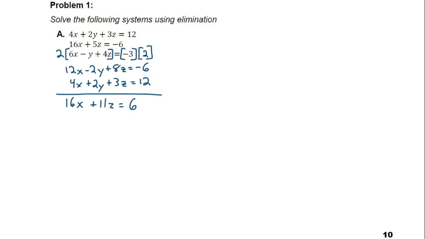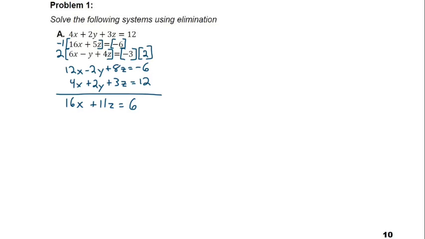So now that I've got it down to one equation, notice how I've got this one up here that doesn't have a y either. So let's write it right here. It doesn't have a y either, but the x's are both 16. They're both positive. So if I do 16 plus 16, that's not 0, that's 32. So what I'm going to do is multiply this one by a negative 1.